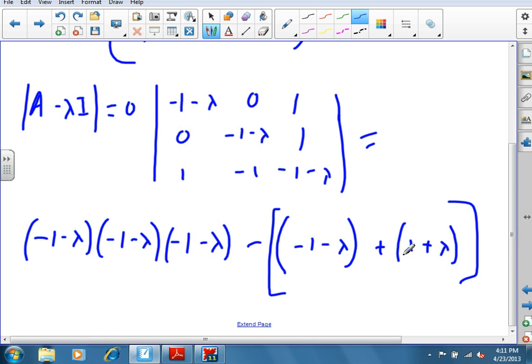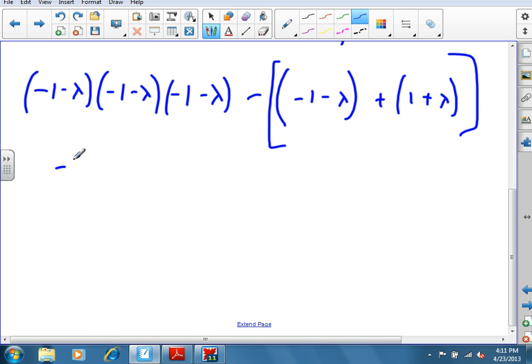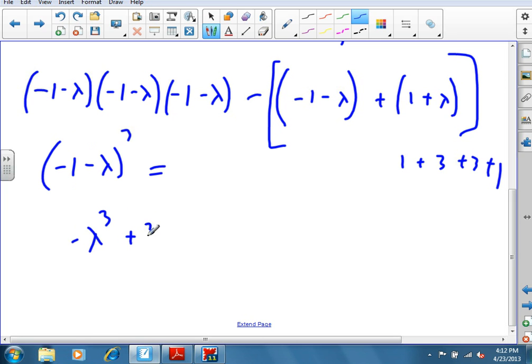Those two look like they cancel each other out. So I got minus 1 minus lambda cubed, and I know that that's going to be 1 plus 3 plus 3 plus 1, right? So that's going to be lambda minus lambda cubed plus 3 lambda squared.